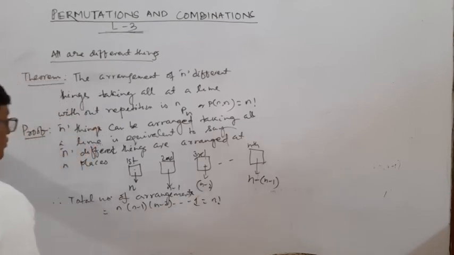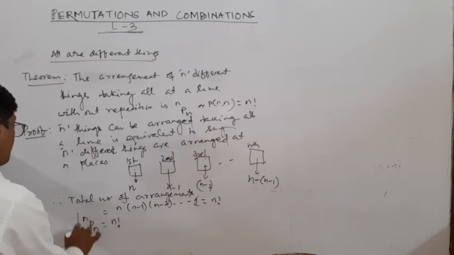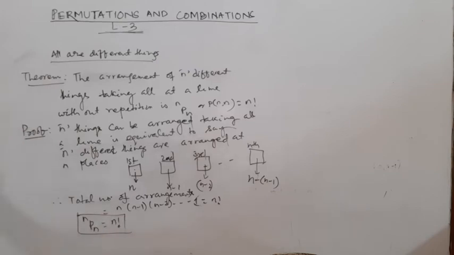So we prove that nPn is equal to n factorial. This is theorem number 2. Now theorem number 3.